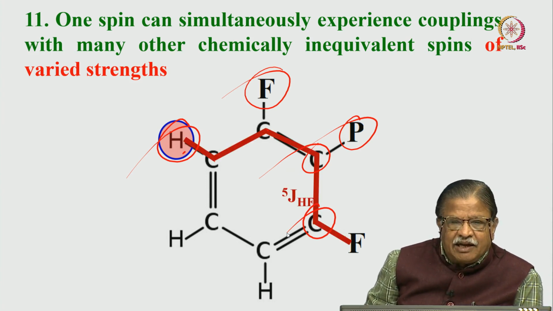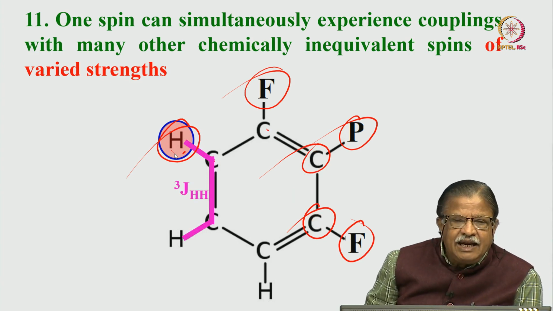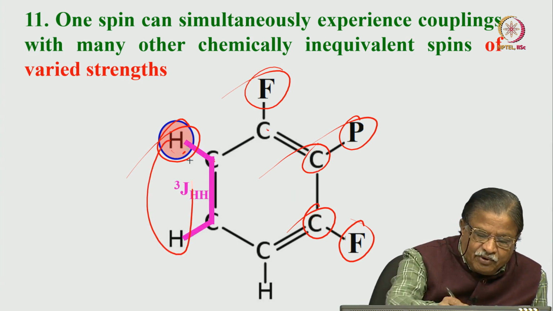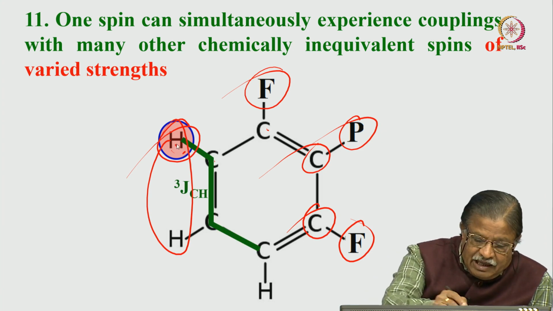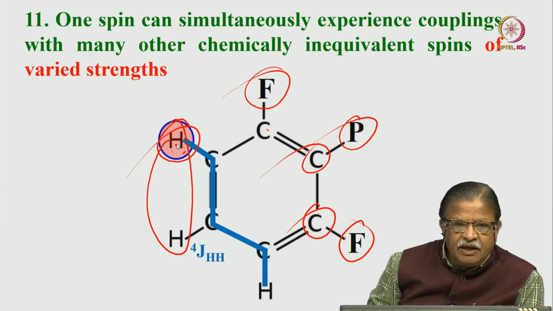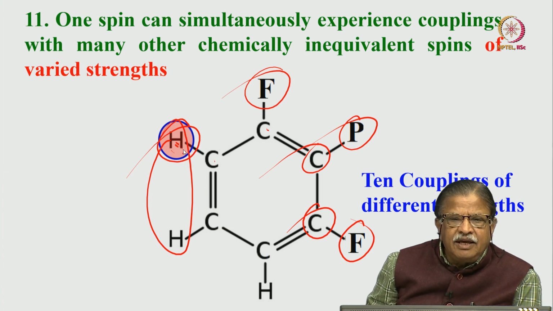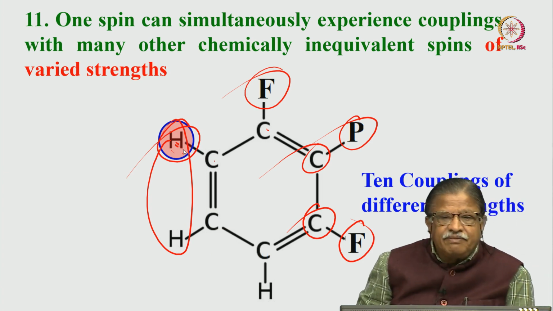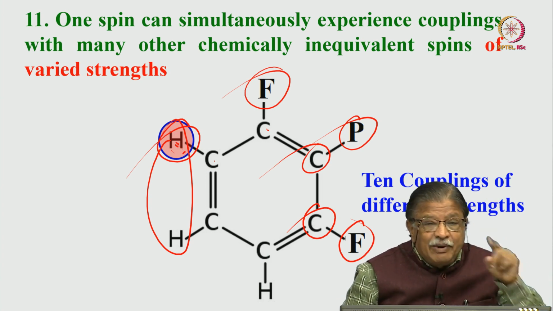It can have 5 bond coupling with this fluorine, heteronuclear again, and it can have 3 bond homonuclear proton-proton coupling. It can have 3 bond coupling between this carbon and this proton, that is also possible. You can have 4 bond coupling with this proton and this proton. See, one hydrogen in this molecule can have 10 different couplings.